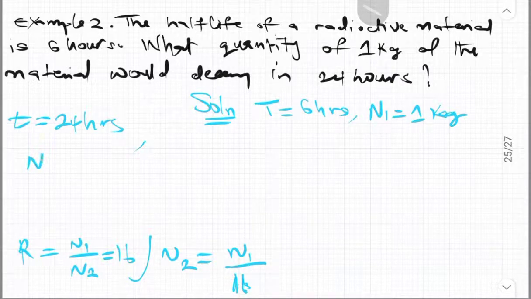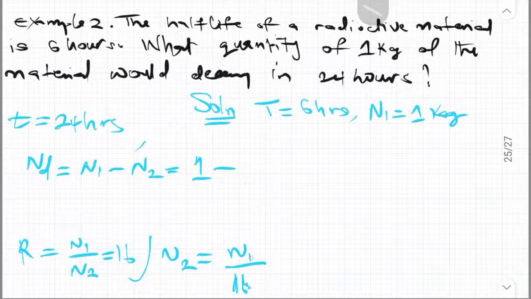Now we said Nd, which is the quantity that decayed at that given amount of time, which is 24 hours, is N1 minus N2. Now what is N1? N1 is actually 1 kilogram. So we have minus, what is N2?